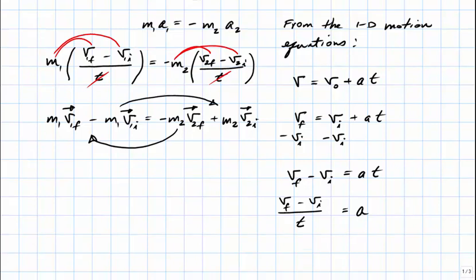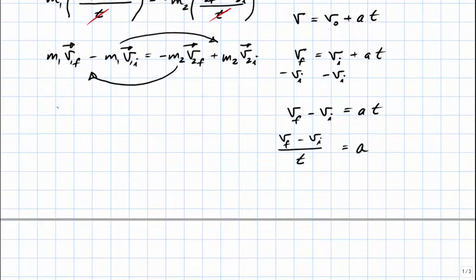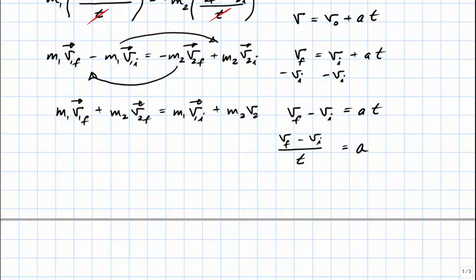That'll also eliminate the negatives in our equation, so that will result in m1 v1 final plus m2 v2 final equals m1 v1 initial plus m2 v2 initial.